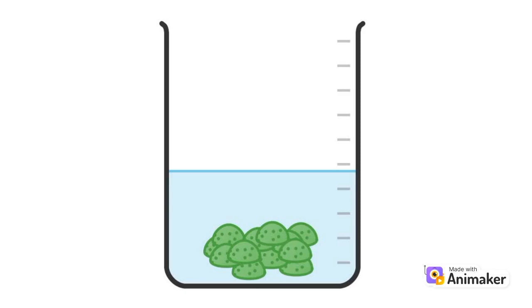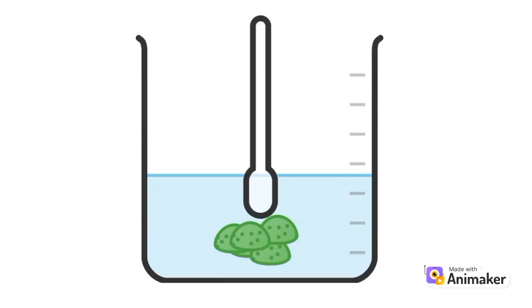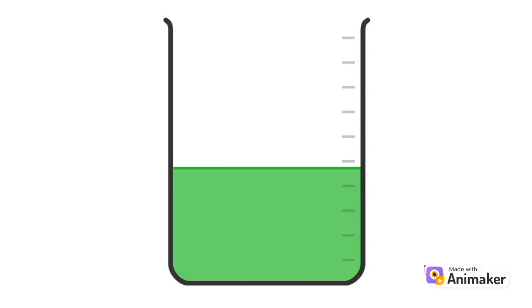Let's see how we can dissolve it more. The easiest way is to put in a stirring rod and stir it properly. More and more of the solid will get dissolved. This is of course the commonest thing we do.